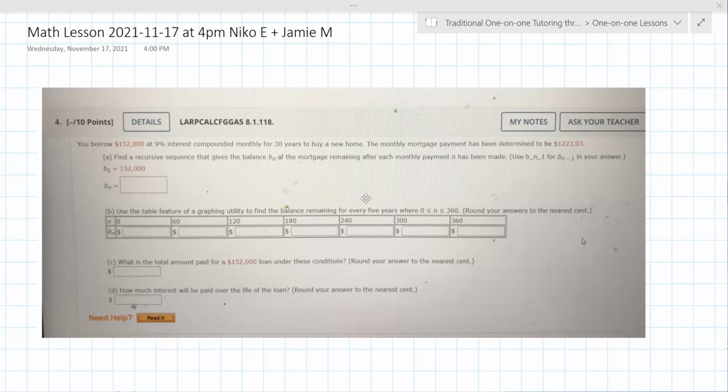So conceptually, the balance is like there's some amount of interest that this thing gains, and then there's a payment that is deducted from it.